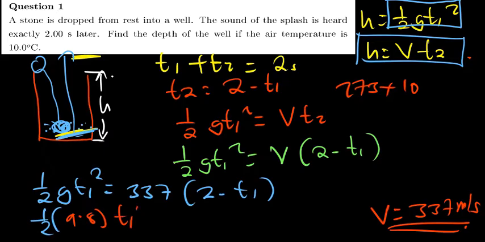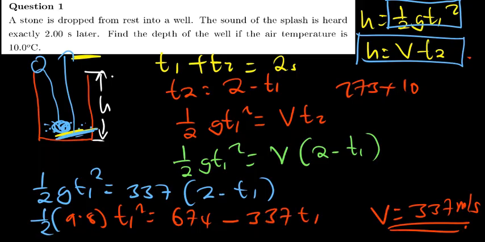Then T1 squared is equal to, if I multiply these two, 337 times 2, which is 674. Then minus 337 times T1 is 337 T1.